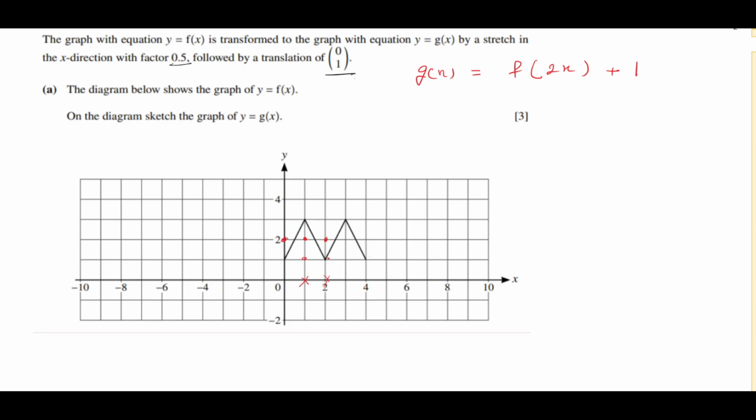So in between this, the graph will go 2 units up like this, and then till here, and then it will go like this, and then it will come here. So this is my graph. On the graph, sketch the graph y equals g(x). So this red line what I have drawn is y equals g(x).